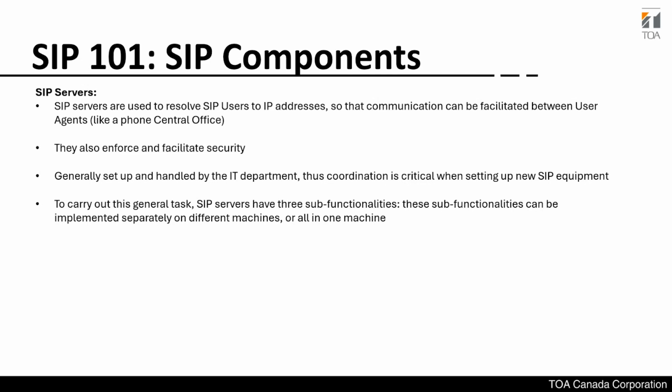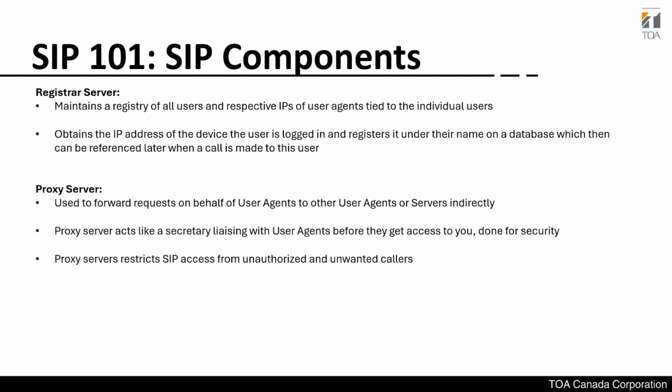To carry out this general task, SIP servers have three sub-functionalities, which we can discuss in the next slide. The first functionality of the SIP server is the registrar server. It maintains all users and the respective IP addresses of the user agents tied to individual users.